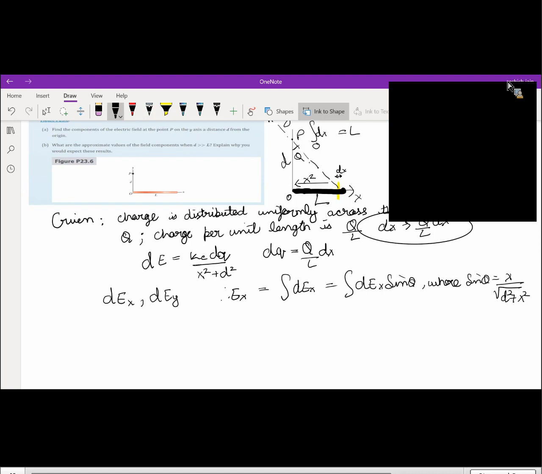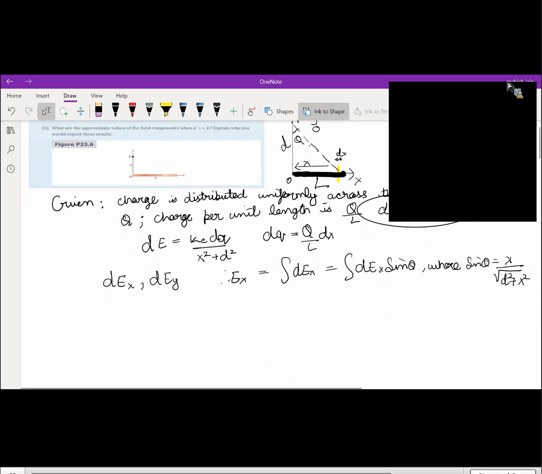I hope you got it. So I just marked the subtended theta here.